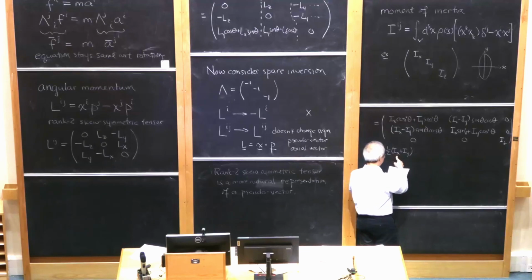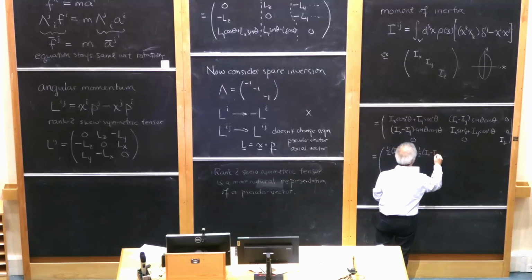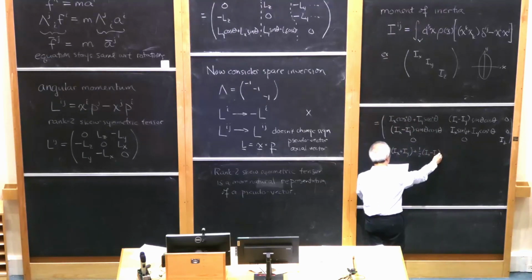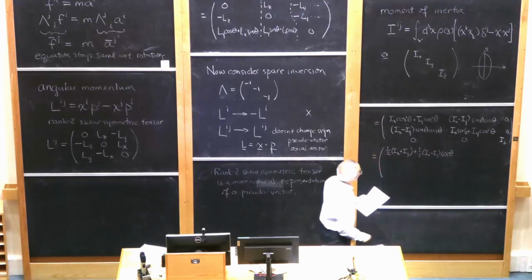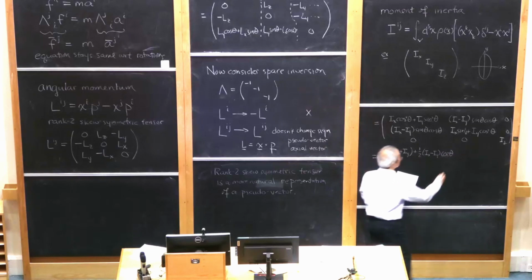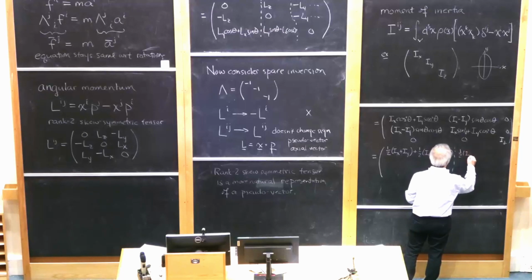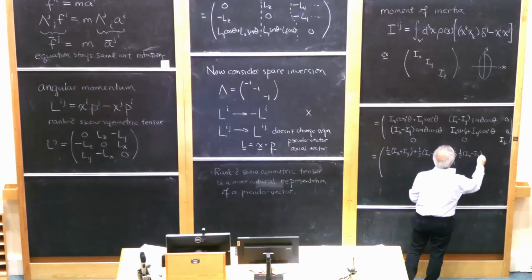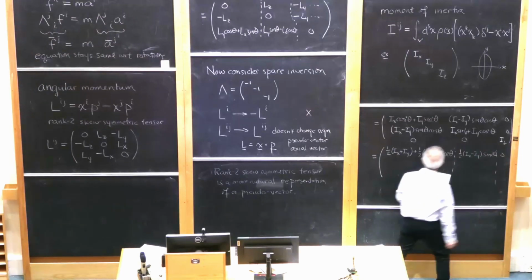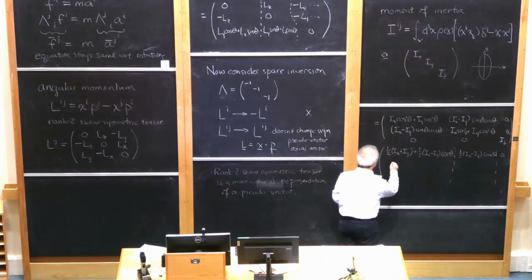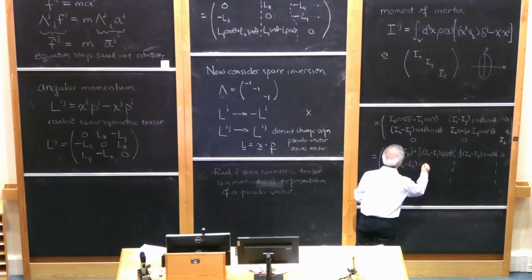So I have 1/2 (Ix plus Iy) here, plus 1/2 (Ix minus Iy) multiplied by cosine 2 theta. Okay. This element here is going to be 1/2 (Ix minus Iy) sine 2 theta. And of course, your 0. Same thing here: 1/2 (Ix minus Iy) sine 2 theta.